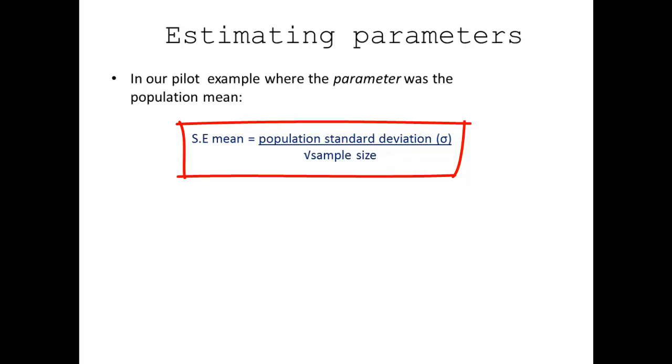The square root of the n means that the standard error will reduce by a lot as the sample size increases in smaller samples, but then will reduce less and less as the sample size gets bigger and bigger. And that sort of makes sense, as when you have a big sample size, increasing it by a little does not add that much more new information.